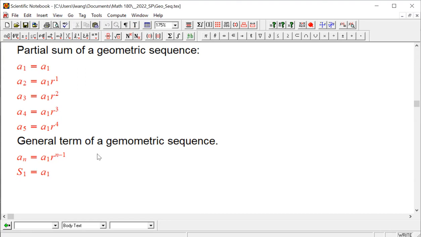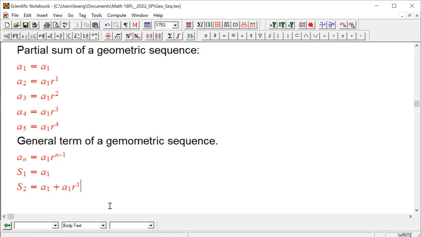Partial sum sub 2 equals a1 plus a2. a2 is a sub 1 times r.